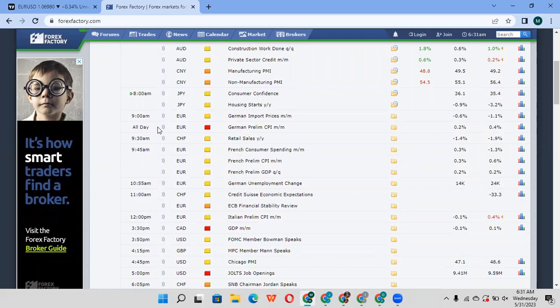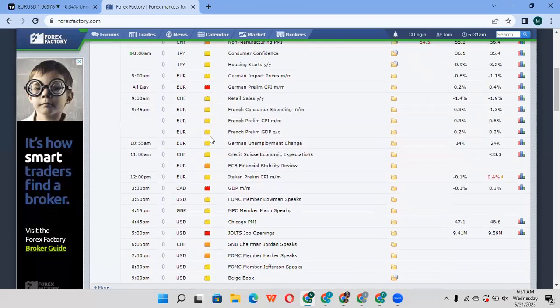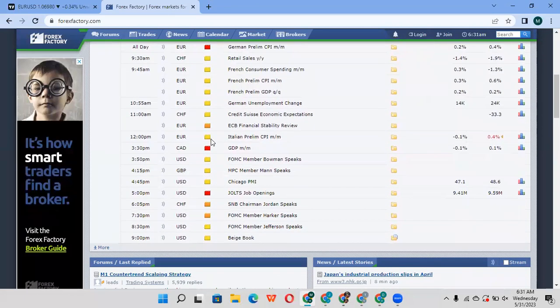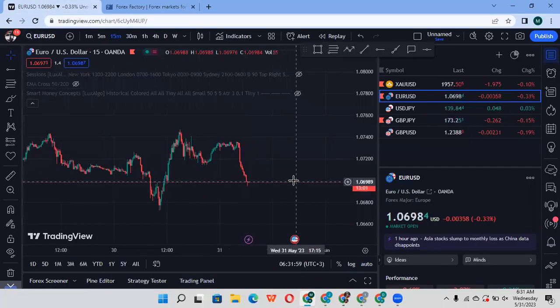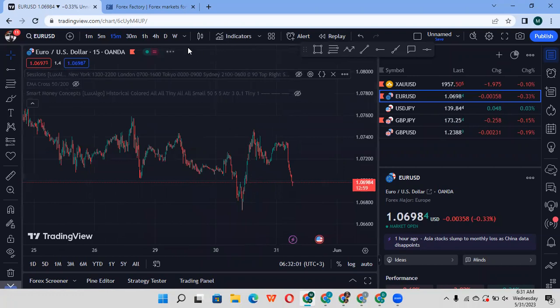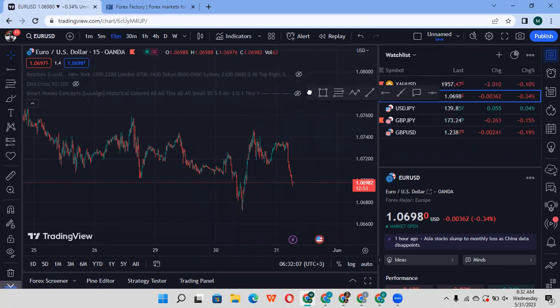The Euro will be having a lot of impact news, and also at 5 we have USD. Having that in mind, I now go to my charts, combining fundamental analysis and technical analysis.